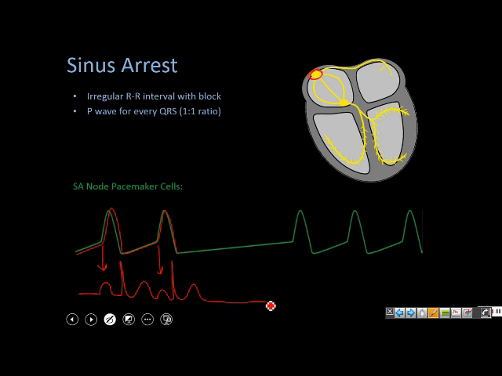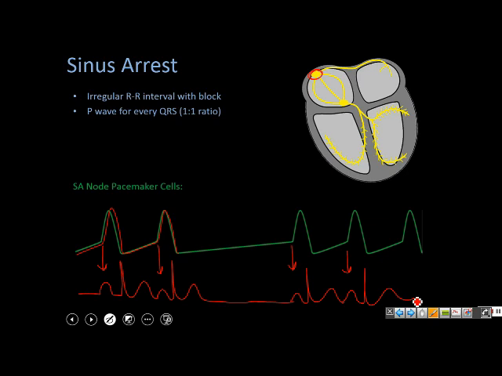And then nothing until the SA node starts pacing again. So sinus arrest is not a result of the impulses being blocked, it's that they never occurred in the first place.